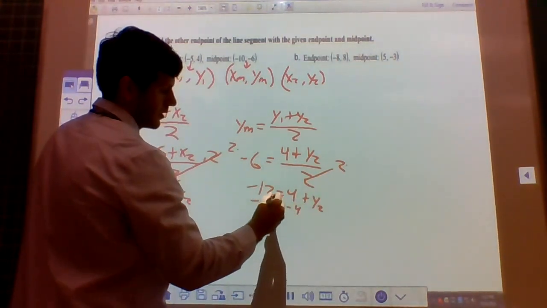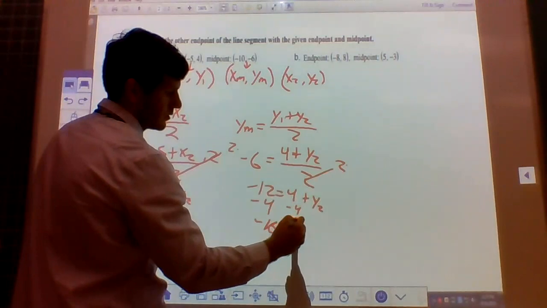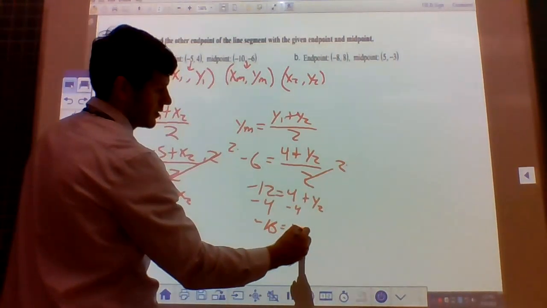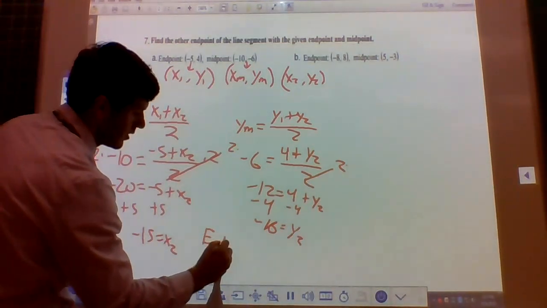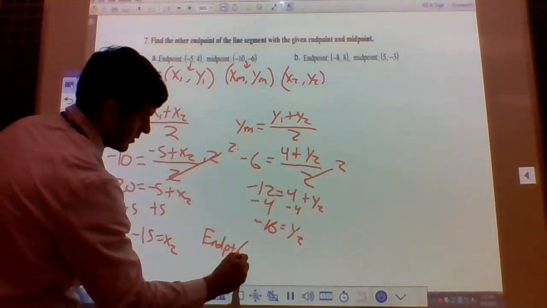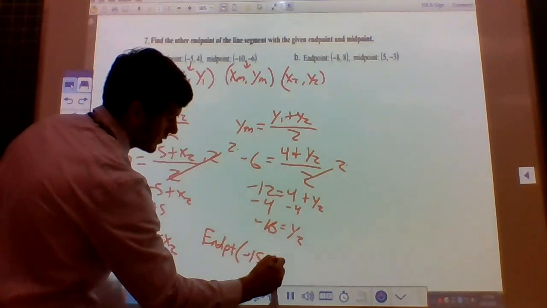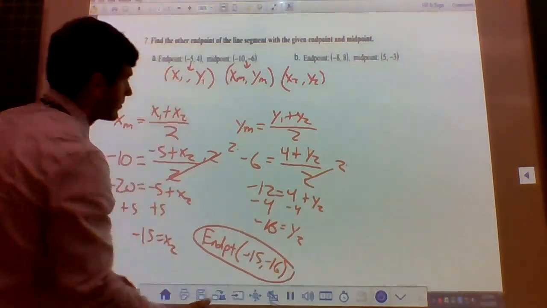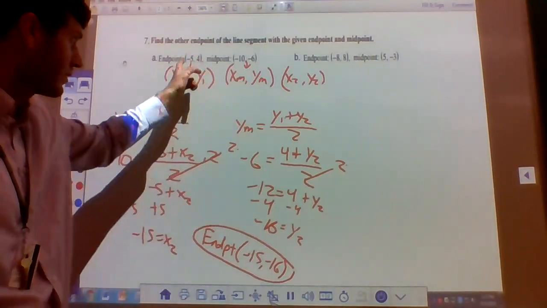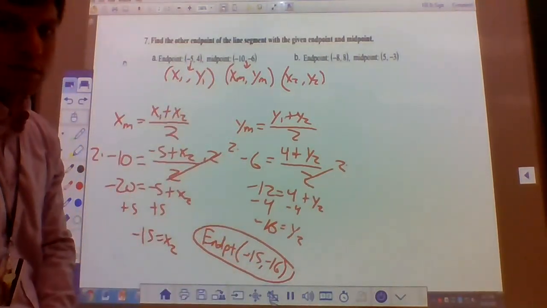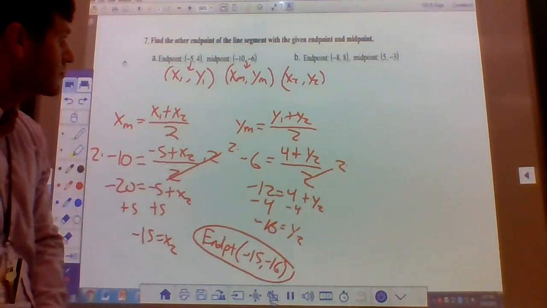Subtract 4, and just like we said, that's -16. So our other endpoint is going to be -15, -16. And -10, -6 is right between -5, 4 and -15, -16.